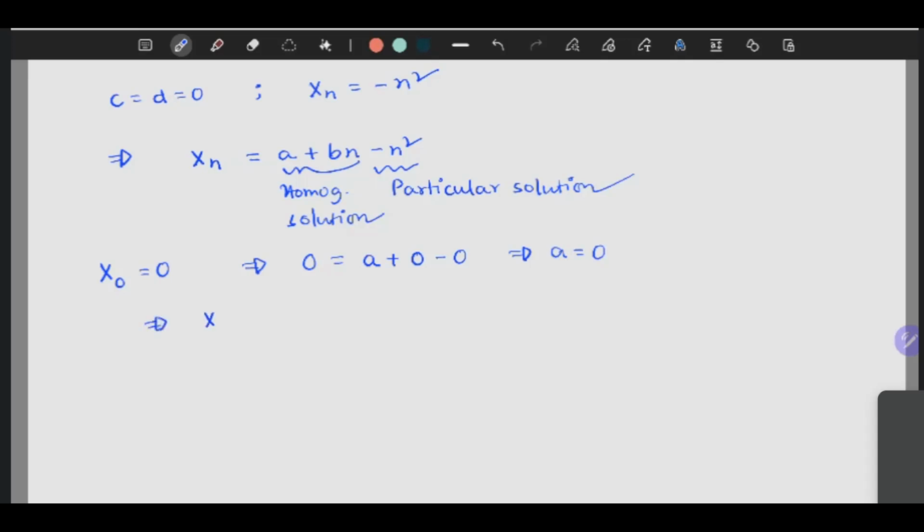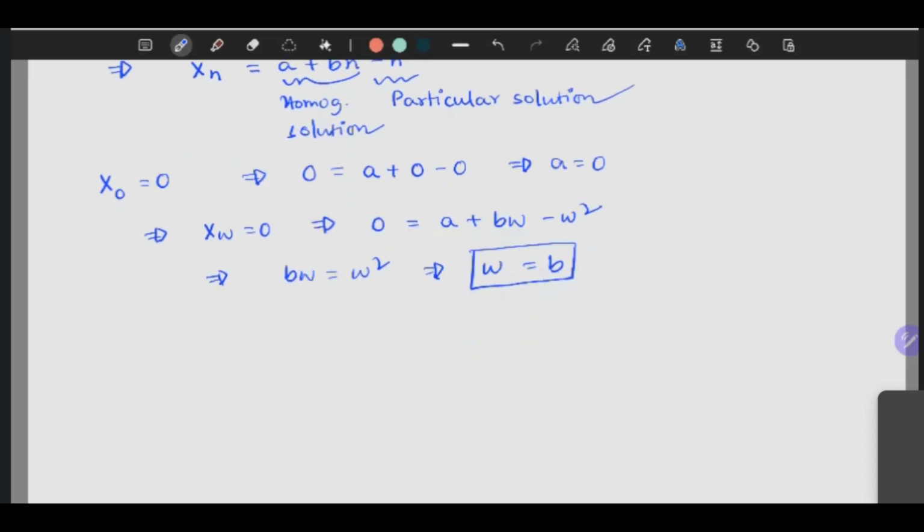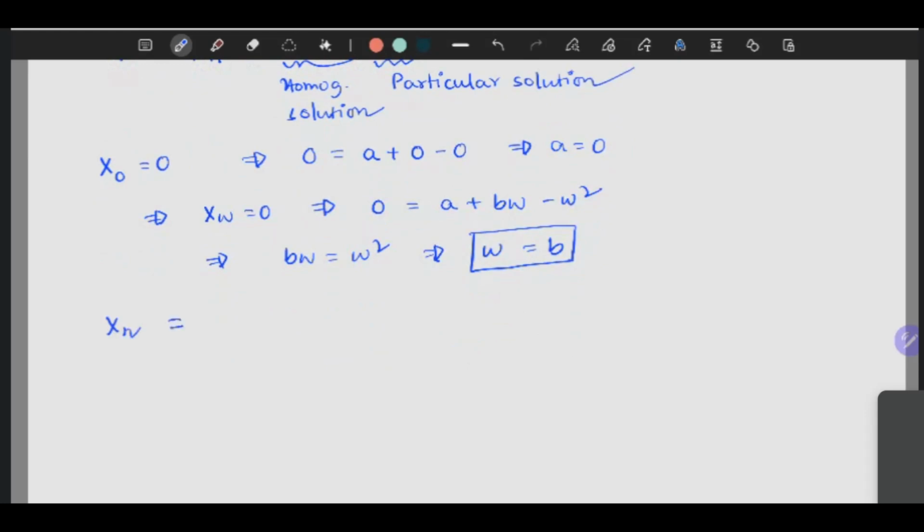Similarly xW is equal to 0, that also makes 0 equal to a plus bW minus W squared, and a is 0, so bW is equal to W squared, that makes b equal to W. So from here you can write this solution xn as Wn minus n squared, so n times (W minus n).